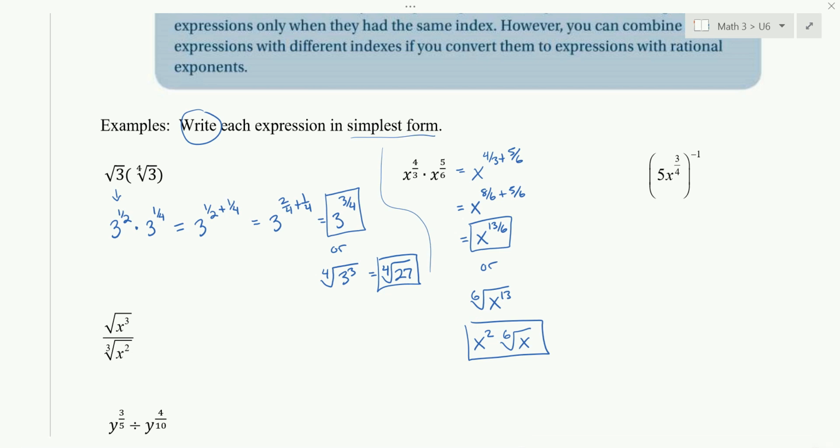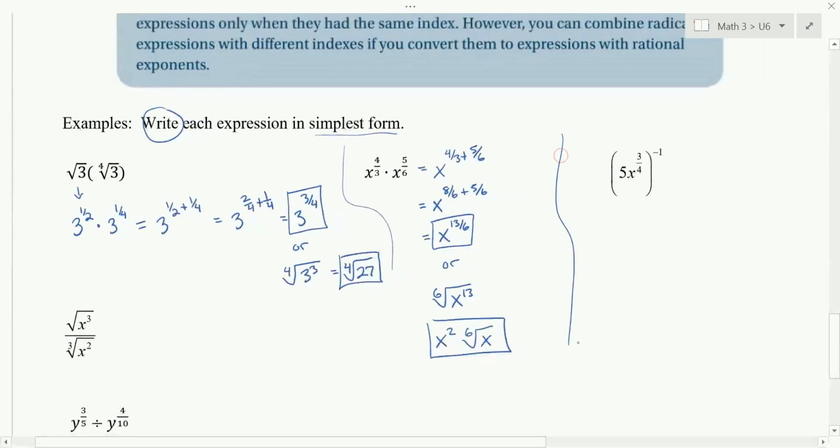Okay. And then the 5 times x to the 3/4 to the negative first power. What's the power of 5? Is it 3/4? Does the 3/4 belong to the 5 and the x, or just to the x? Just to the x. So the power of 5 is a 1.